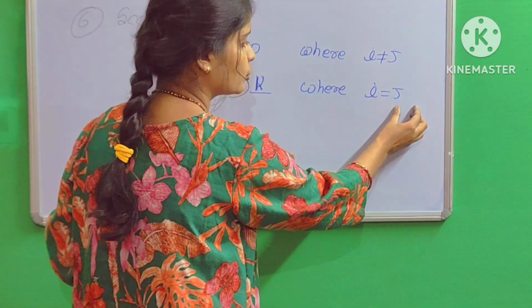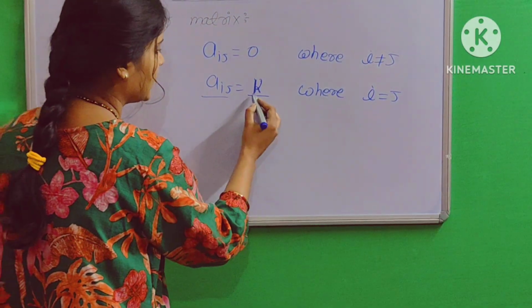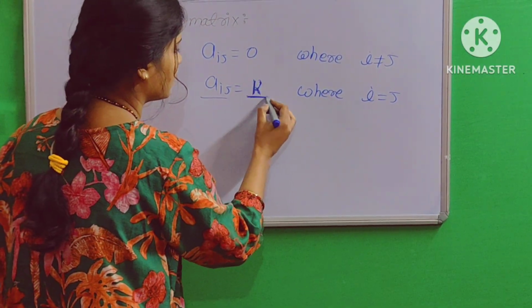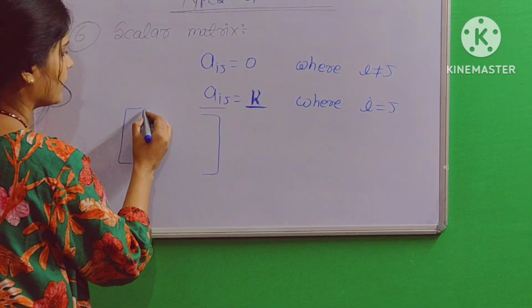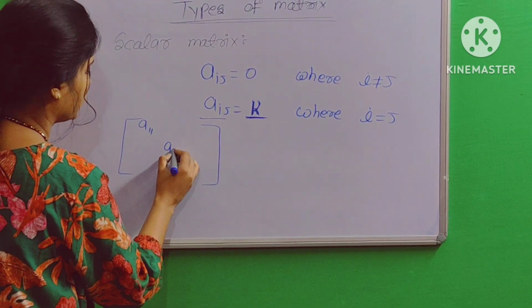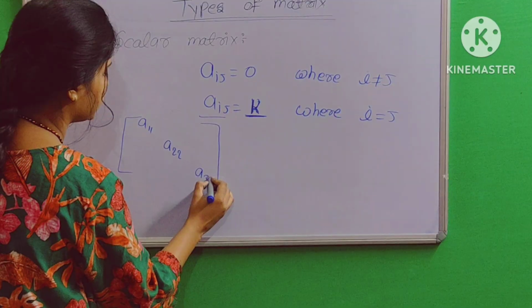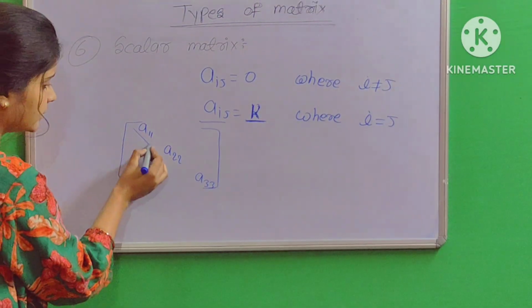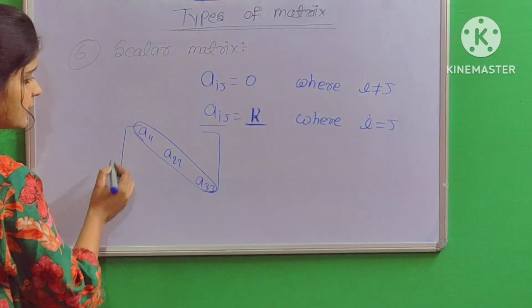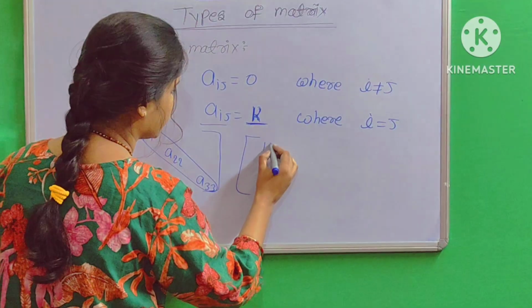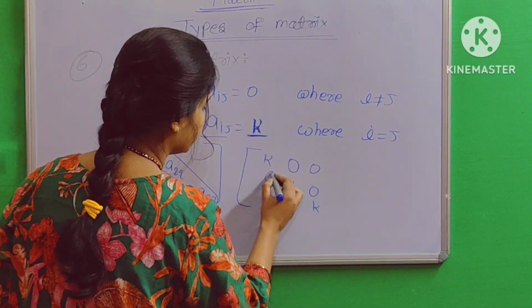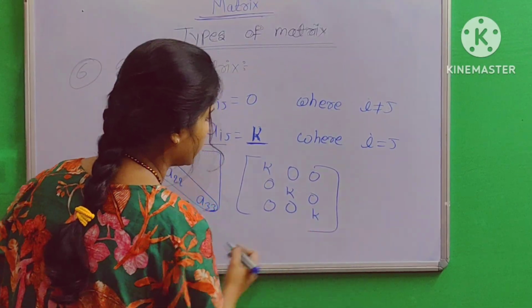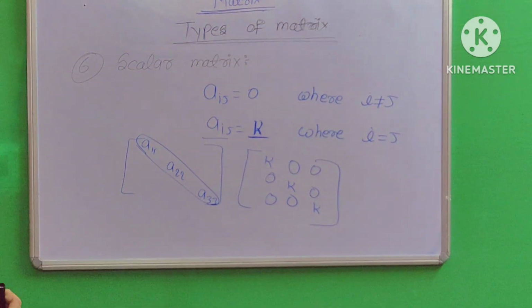Suppose here is a matrix. This is A11, this is A22, and this is A33. So this is the same value k, k, k, and all others are 0. This is our scalar matrix.